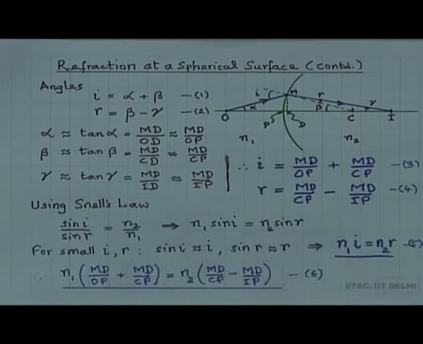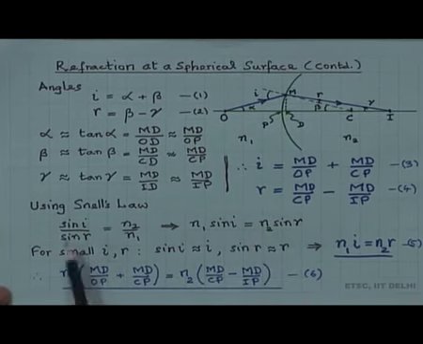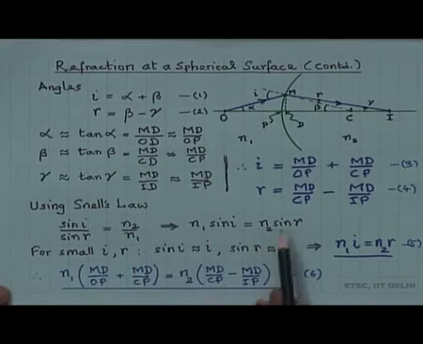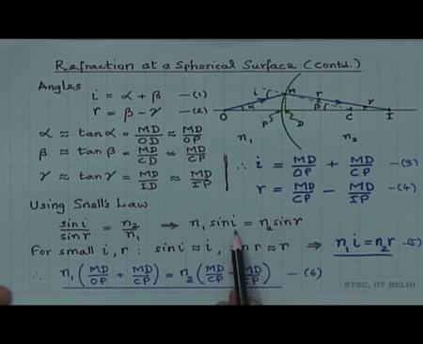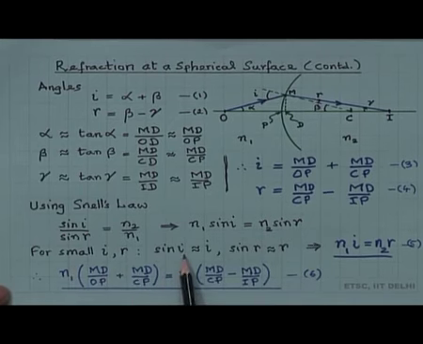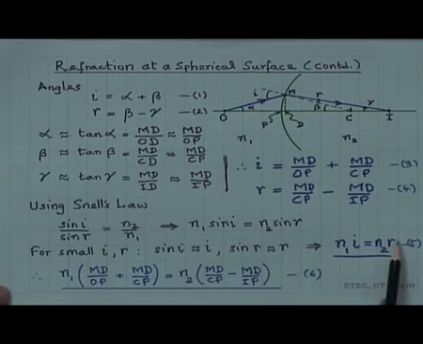Now, we apply Snell's law, because i we have, r we have, and therefore, sin i by sin r is equal to n2 by n1, or n1 sin i is equal to n2 sin r. But again we know that the angles i and r are very small, and therefore, for small i and r we can write sin i nearly equal to i, sin r nearly equal to r, which means n1 into i is equal to n2 into r.